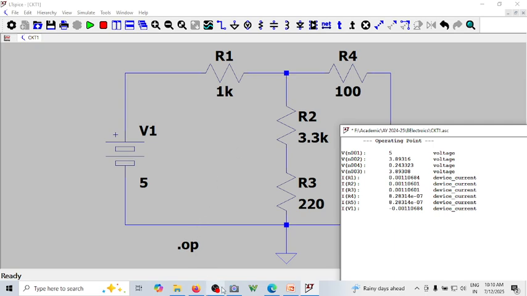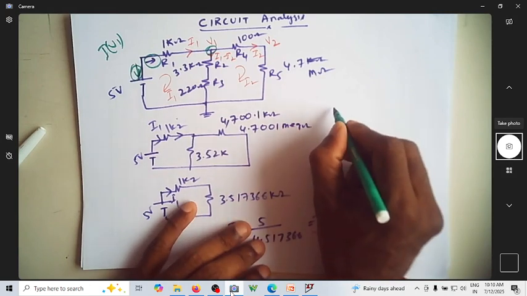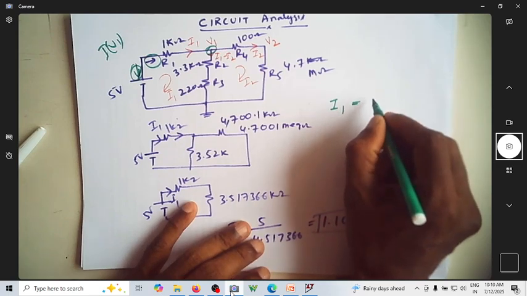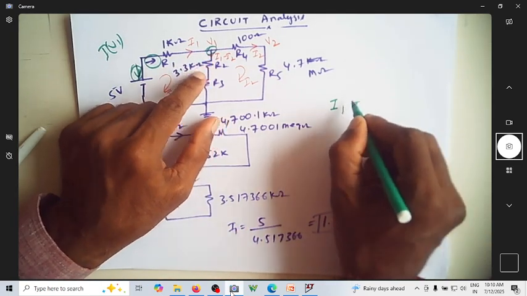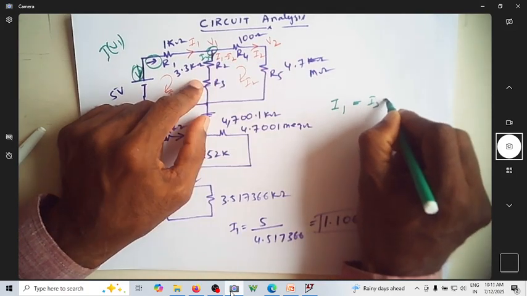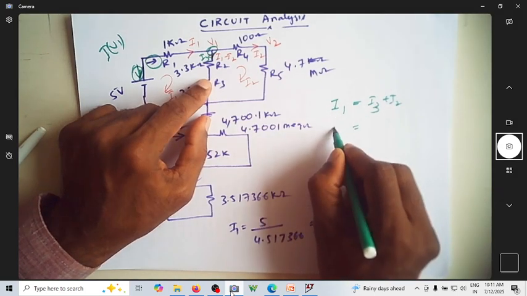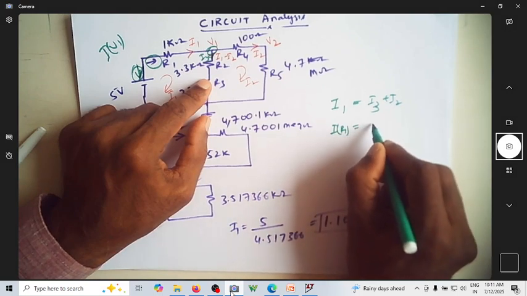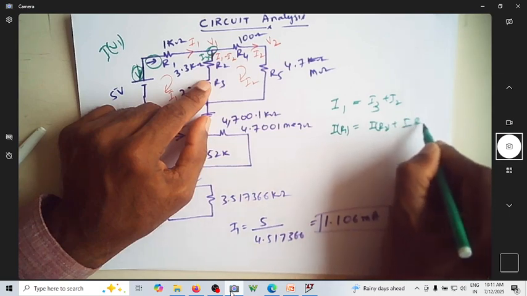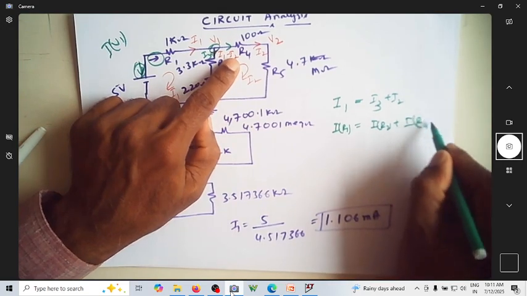Suppose you want to write the current entering the node for this node I have. So current entering the node is I1, and current leaving the node is I3 plus I2. So can I write this as I of R1 is equal to I of R2 plus I of R4, since we have named it as I2.